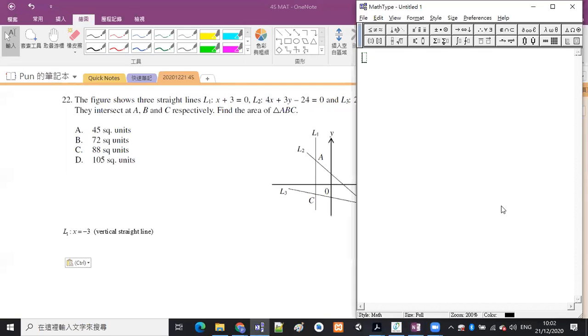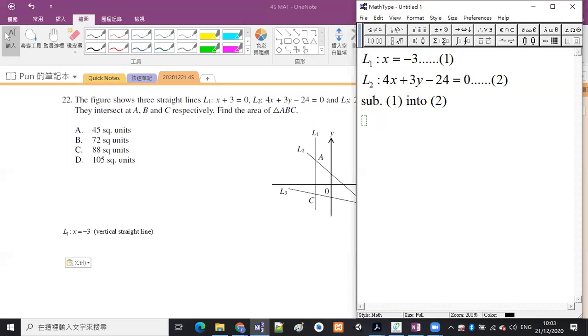To find point A, we need to solve L1, that is x equals -3, and L2 is 4x plus 3y minus 24 equals 0. I'm going to call these equation 1 and 2, and I need to sub 1 into 2. That is very easy because the x coordinate must be equal to -3.